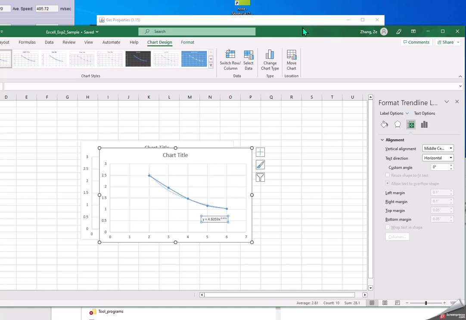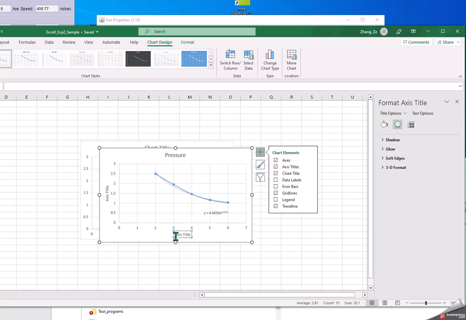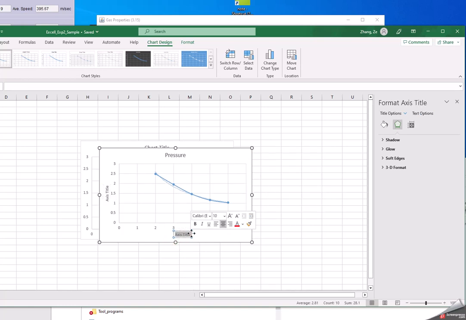Then you will do a plot, and you should also put titles. For example, here we have pressure and volume. You put the title here, and here you will have volume.